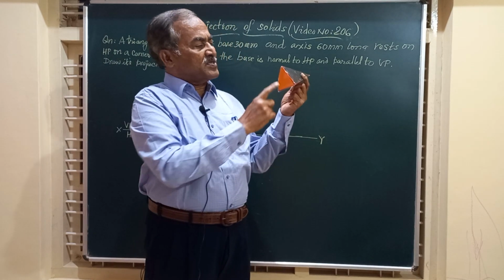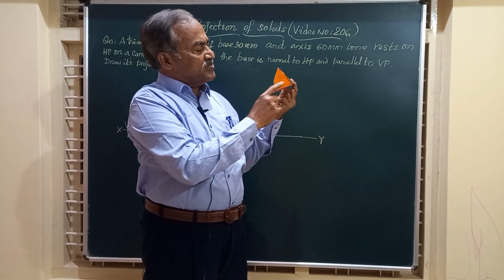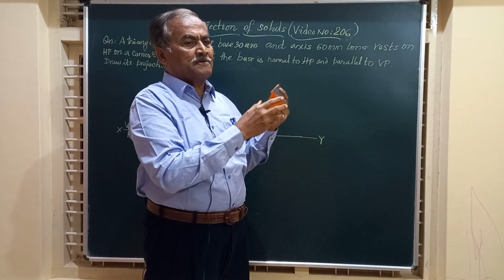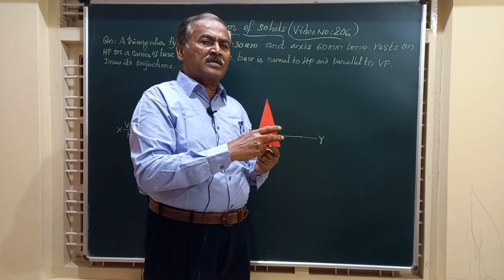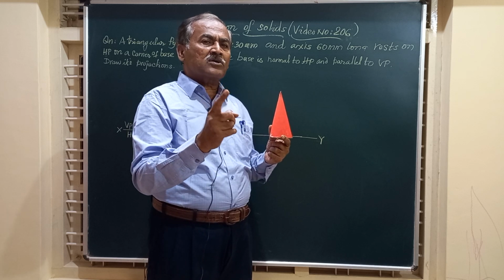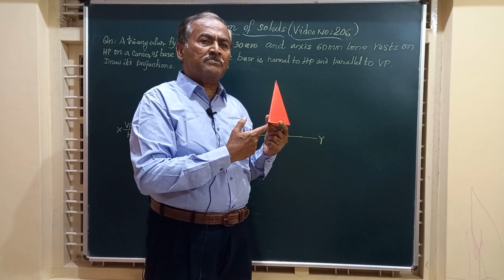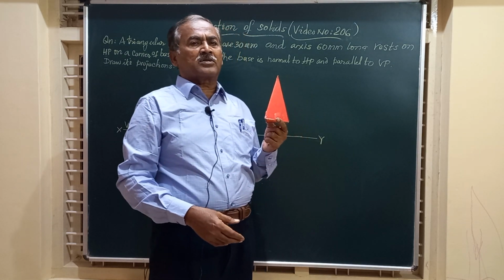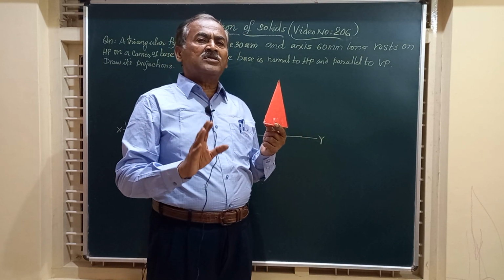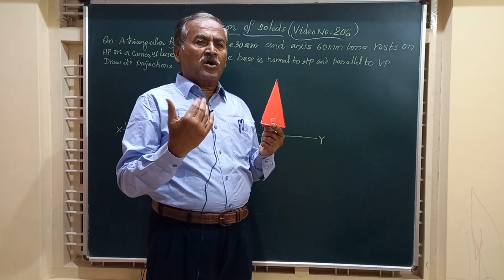Friends, it has got three corners, 1, 2, 3, or A, B, C. Whenever it has to rest on a corner, one of the corners of the base of the pyramid should come to the right side of the observer. This is applicable for all pyramids.